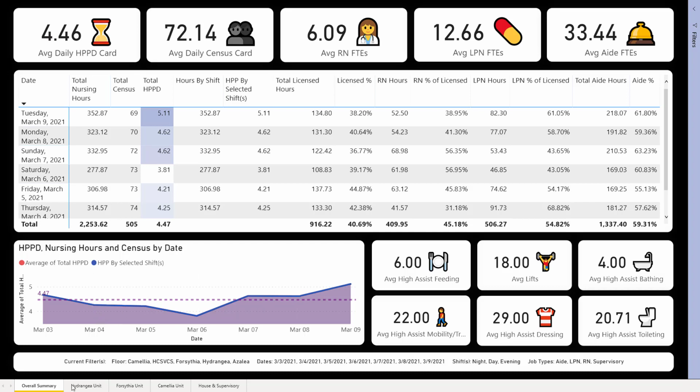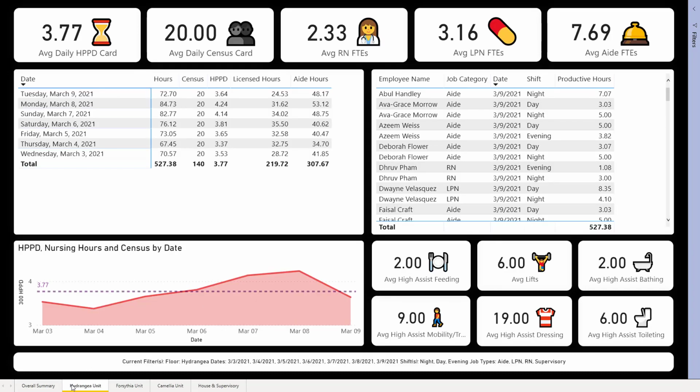Now, you can actually go into individual units as well, so tracking their census and their HPPD by unit. Again, this is very similar to the prior screen. The one difference is this middle visualization. It's going to give you some general numbers by the unit and day, but then you can also look at employees.